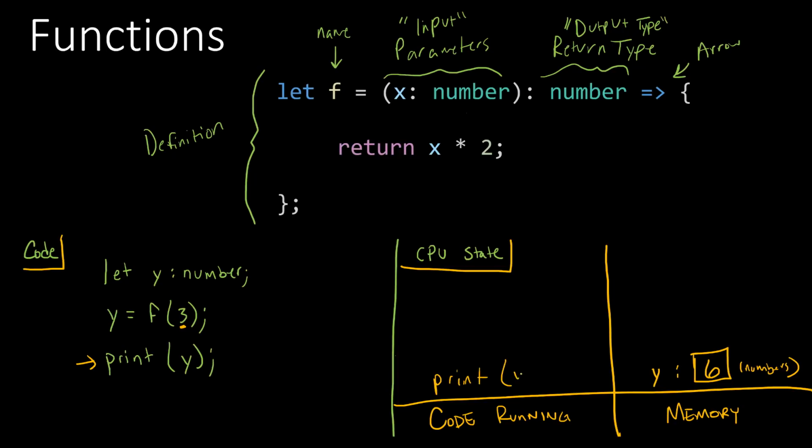And the first thing it's going to do in this special function call is figure out, well, what is this y value? Y in memory is a value of 6, so the computer is going to substitute 6 when it evaluates this, and then it's going to call the print function. The print function is just a simple special function that causes the value 6 to be displayed on the screen.